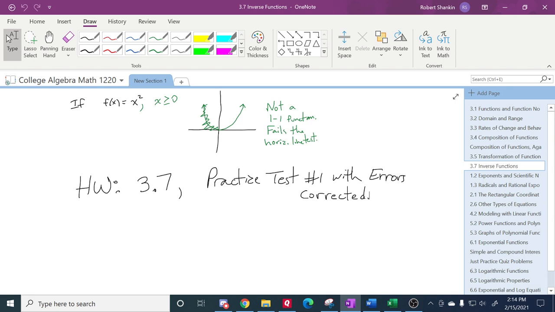You can use a non-graphing calculator, and you can either just work it all out on a blank sheet of paper and then afterwards take pictures and upload that, or you could print out the test and then in the blank spaces write in the problems and then take pictures of that and upload that. However you like to do that.